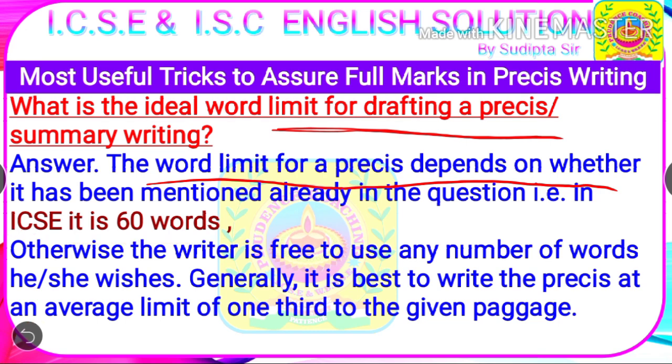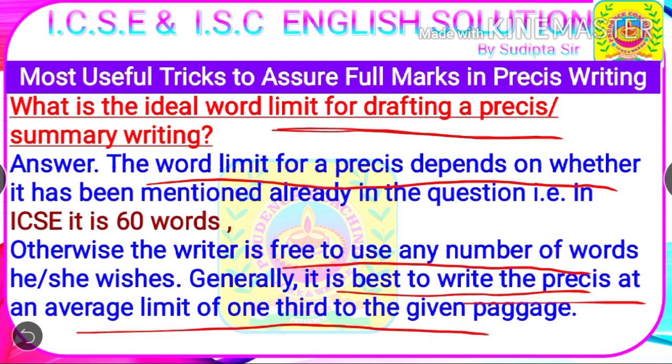Otherwise, the writer is free to use any number of words he or she wishes. Generally, it is best to write the Precis at an average limit of one third of the given passage. That means, students, if there are 250 words, then you can write the Precis in one third of that.